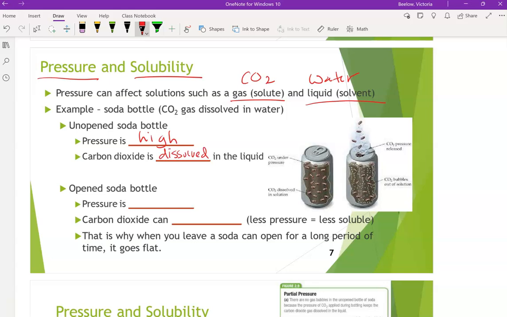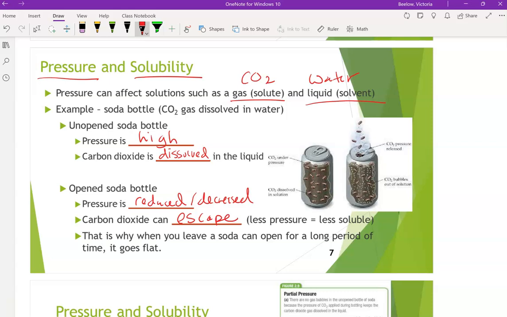Versus the moment that you open that soda bottle or that can, you're going to decrease the pressure. So the pressure is reduced or decreased. Basically, it's lowered. So now that carbon dioxide that was dissolved in the liquid solvent is going to escape.